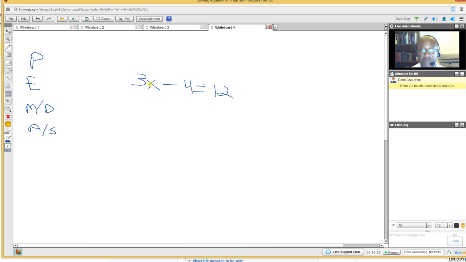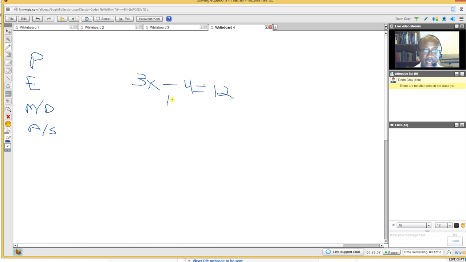It's like the use of the distributive property. If I multiply this side by 3, every term gets multiplied. So to make our life easier, we're going to attack this problem first by getting rid of this 4.